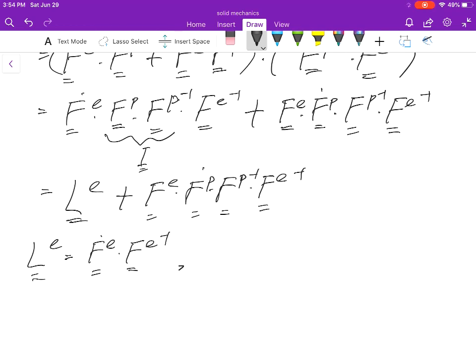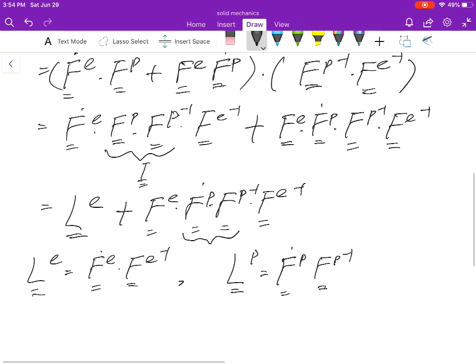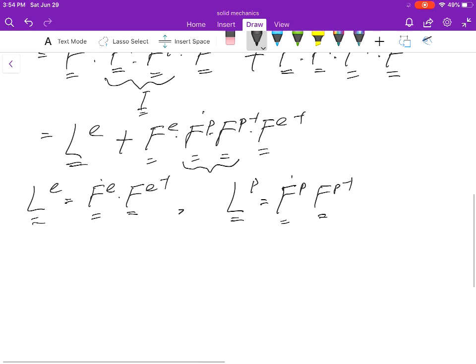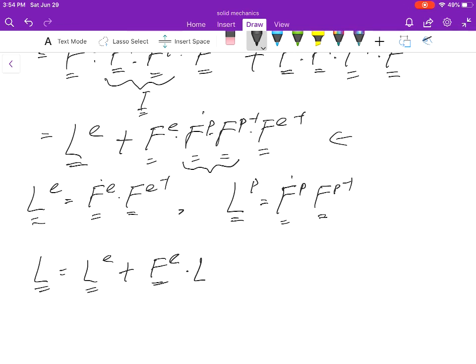And here we also write this as Lp. So if we do this, we can simplify this relation to get Le plus Fe times Lp times Fe inverse, right?